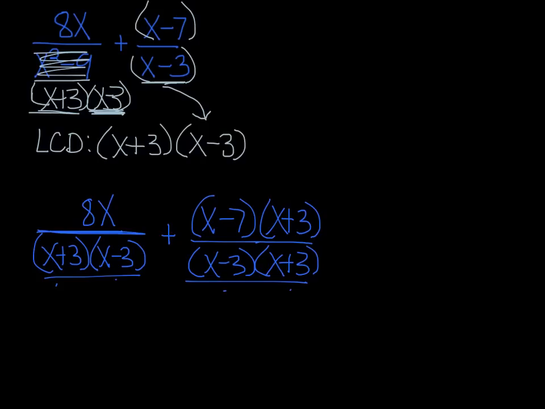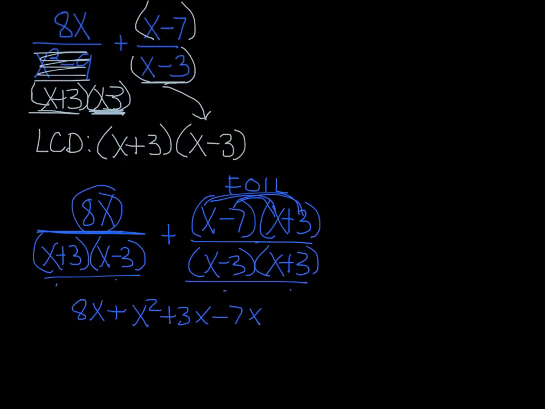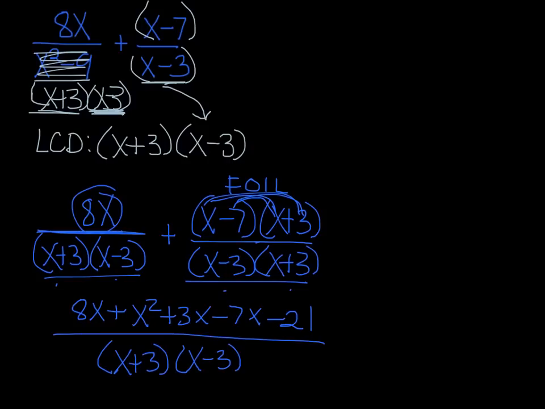So I'm going to combine the numerators. I've got 8x plus, and I need to FOIL this out. So x times x is x squared. x times 3 is 3x, negative 7x, and negative 21. And that's all going to be over our one common denominator, (x plus 3)(x minus 3). Don't FOIL the bottom out.